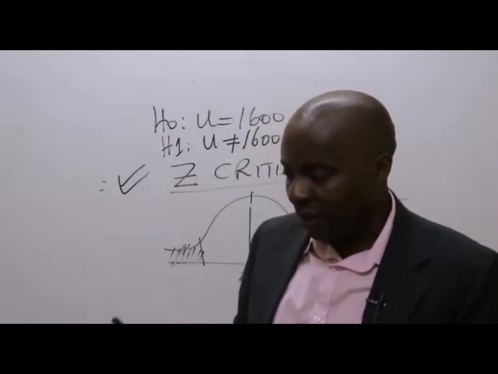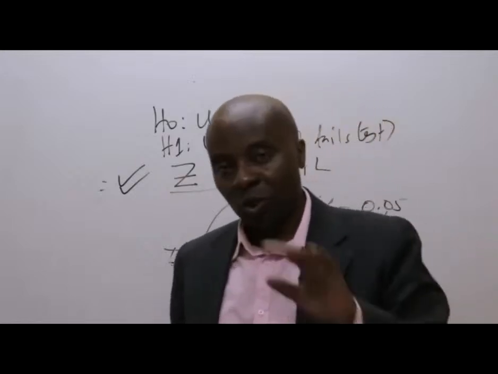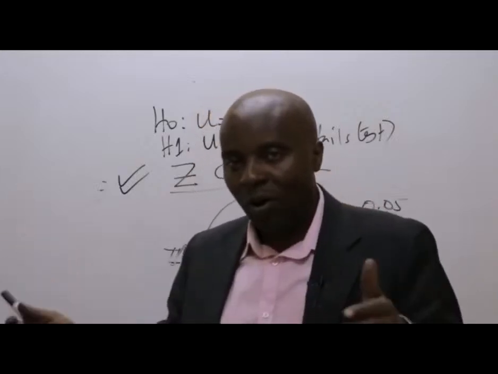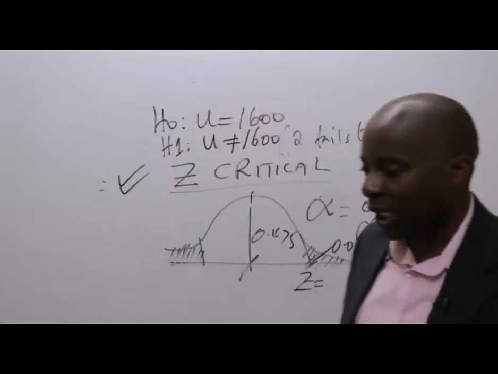So Lokai is giving me a figure of 2.57. Please look at this. What are we doing? We are getting into our normal tables.